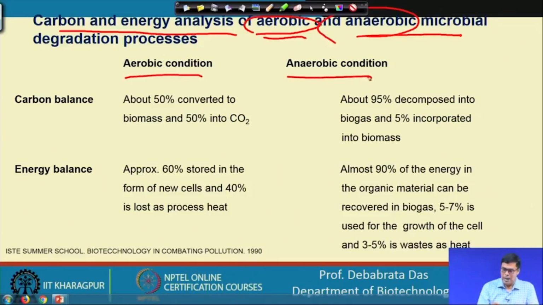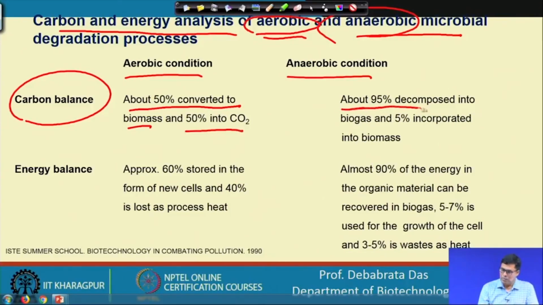Now, if you look at the carbon balance, here 50% of carbon is converted to biomass and 50% to carbon dioxide. But in the anaerobic process, 95% decomposes in the form of biogas, which comprises methane and carbon dioxide, and only 5% is converted to biomass. So, here it is 50% and here 5%. This is the difference.